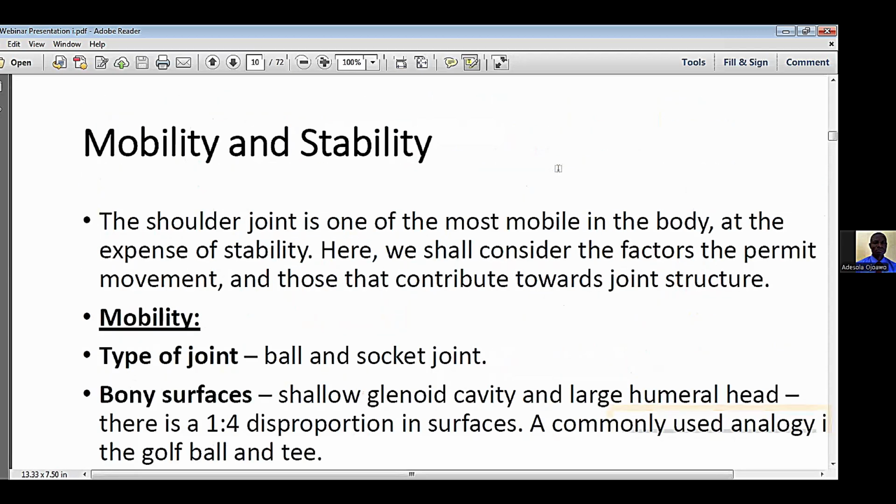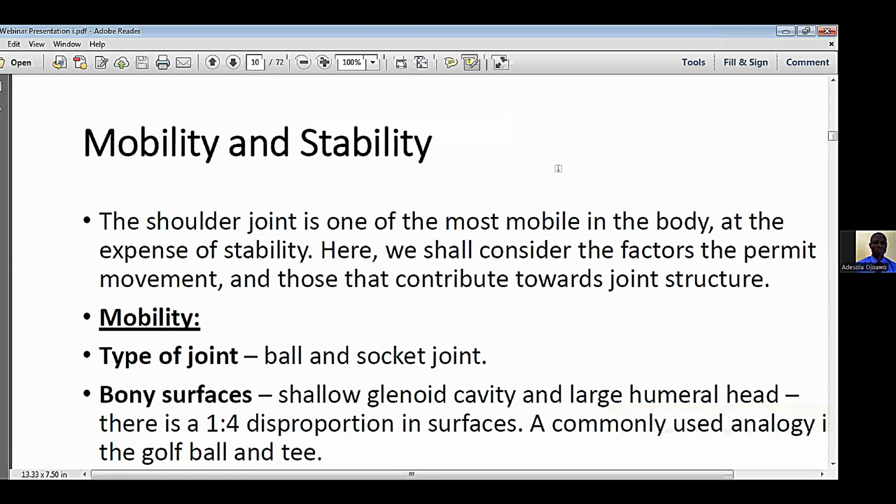Then, having talked about movement and mobility, we talk about stability. Stability is extremely important in the sense that if the joint is not stable, it may not be easy for the joint to withstand rigorous work. The shoulder joint has some mobility, and it has some stability as well, which is anchored by the muscles.